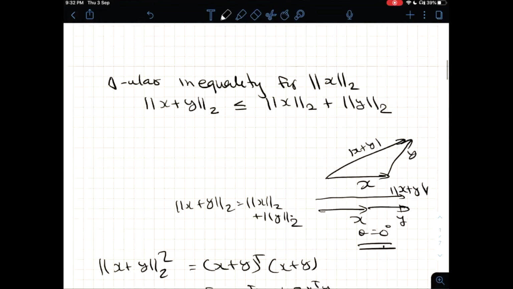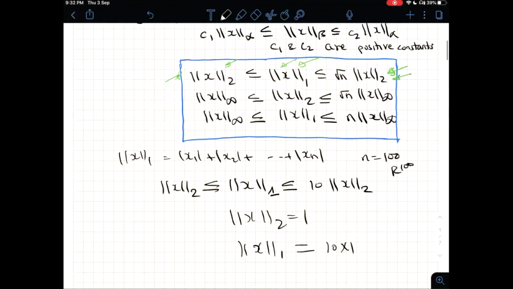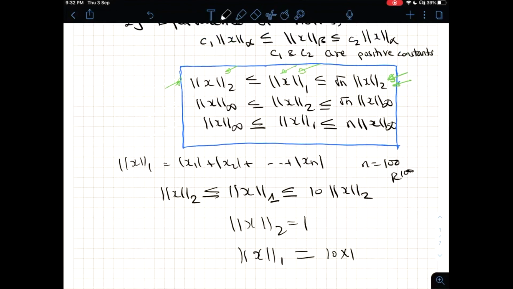Where did I write that bound? I have to go really up. Yeah. So which is exactly the bound which I had written here. Is it not? So I have actually found out the upper bound.